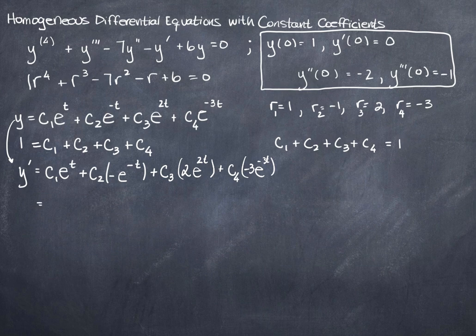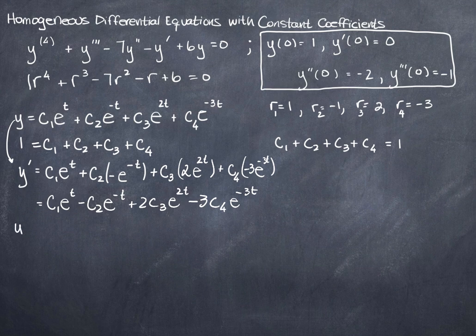So that derivative is c1 e to the t minus c2 e to the negative t plus 2c3 e to the 2t minus 3c4 e to the -3t.